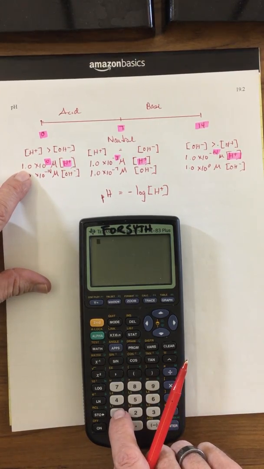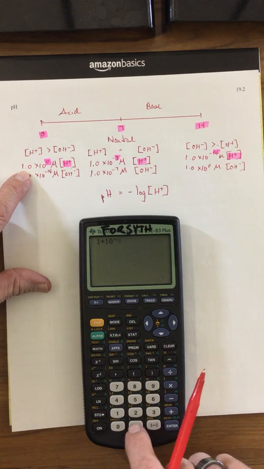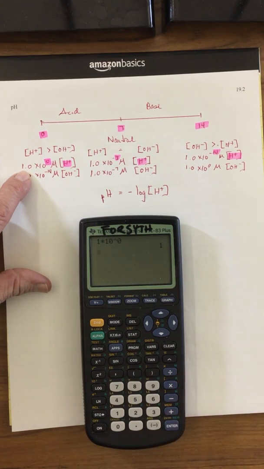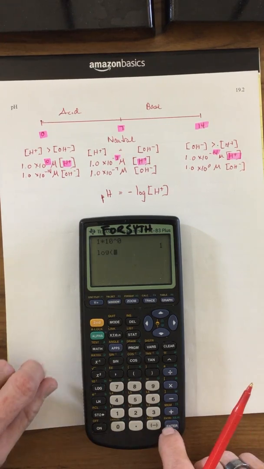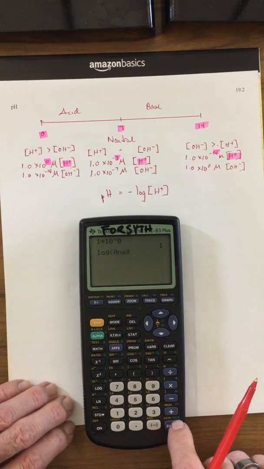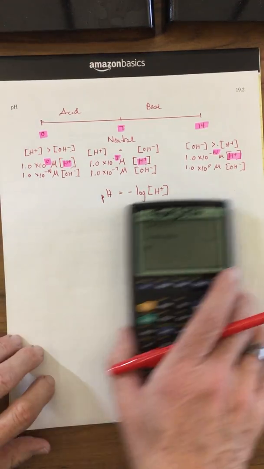If I have a 1 times 10 to the 0, which will give me 1, if I take the log of 1, it will give me 0. My pH is 0.